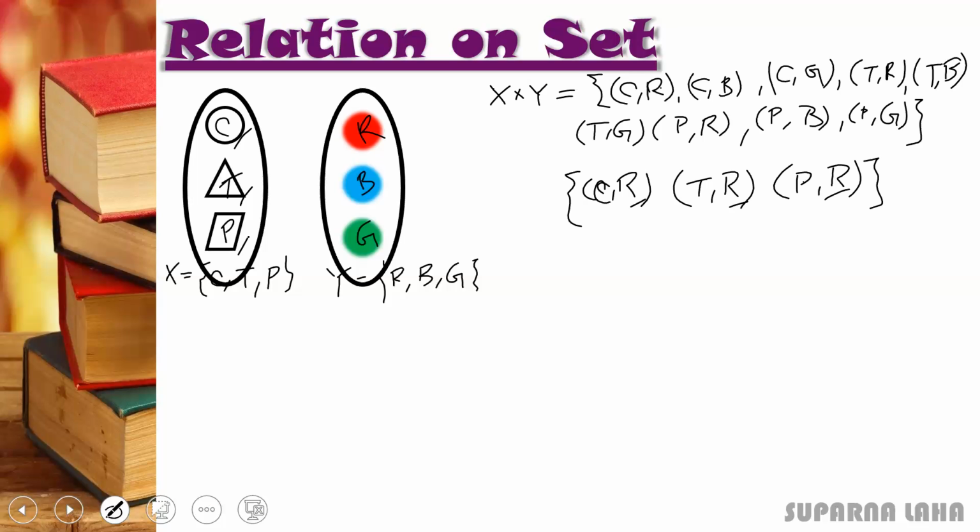So what is this? This is a subset of this Cartesian product, and I'm just representing this set by R. So this R is called the relation.